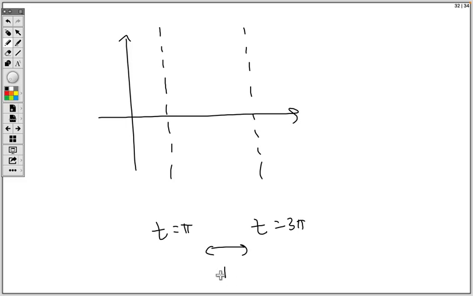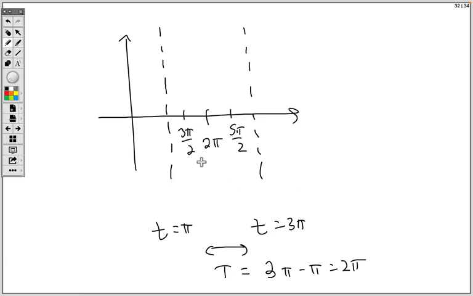So that means that the period here is a length of 2 pi. So I'd have to chop this up into 4 equal pieces. All right, so we can find the midpoint here. We can add these together, divide by 2, 2 pi. Add these together and divide by 2, 3 pi over 2, and then another pi over 2 to the other side, 5 pi over 2. Okay, so that's our new fundamental cycle.